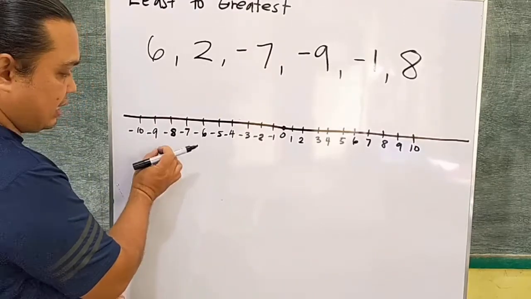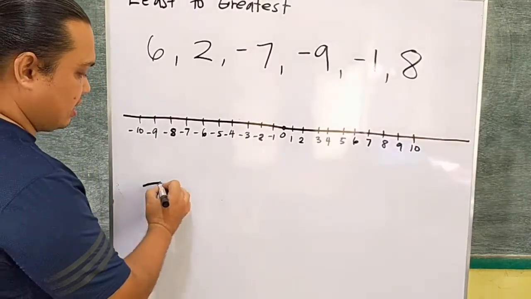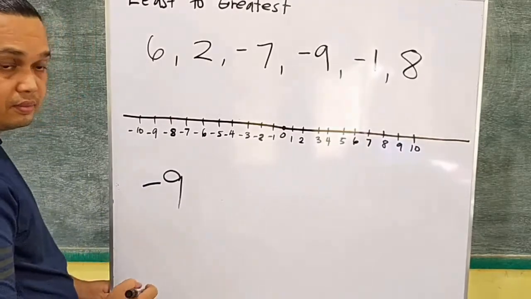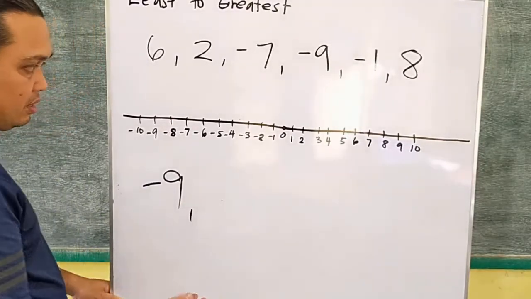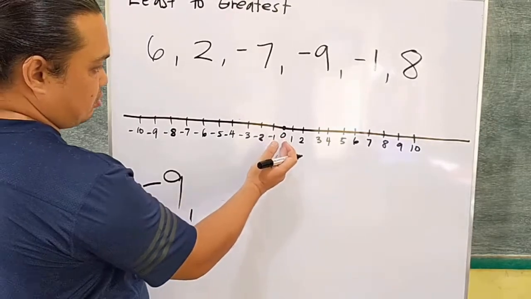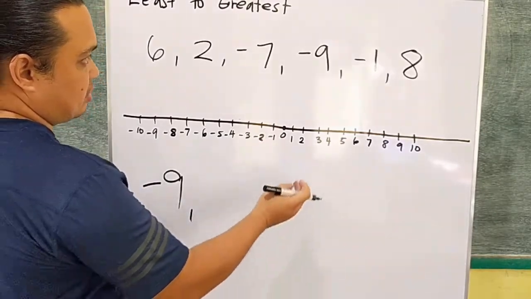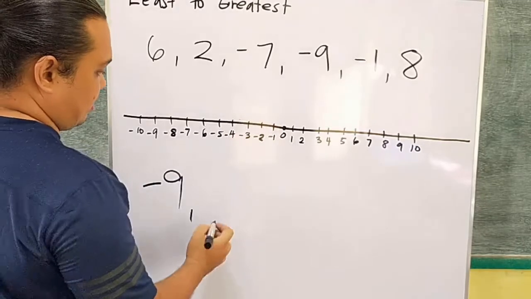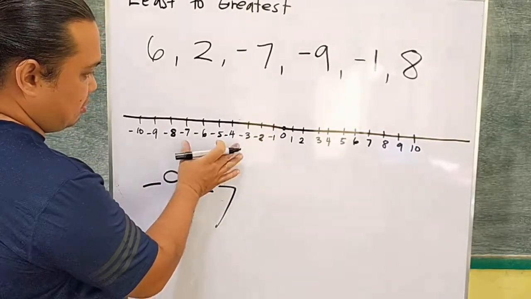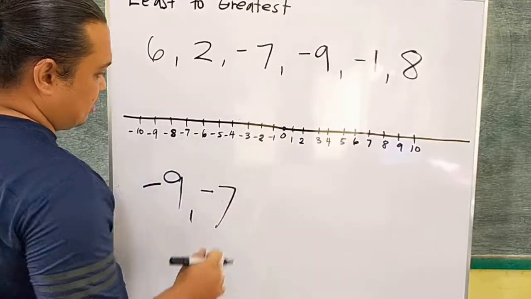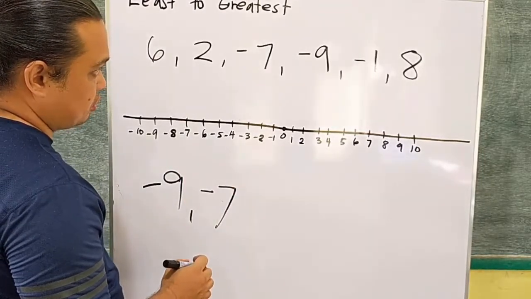Meaning to say, negative 9 here is the least number of them all. Okay. Next, what's the second least number based to the left of 0? That is negative 7. Okay. Negative 7 here is the second number to the left of 0.